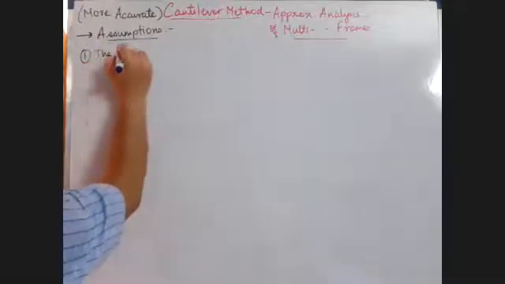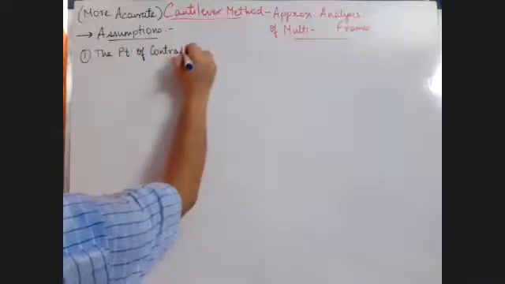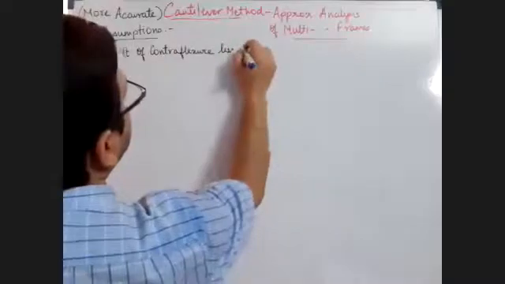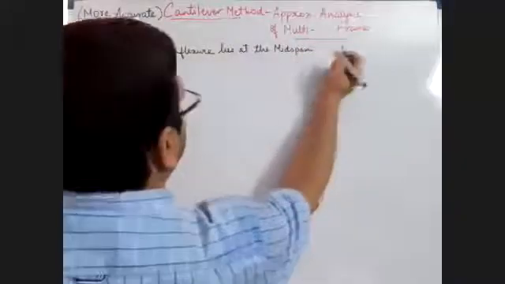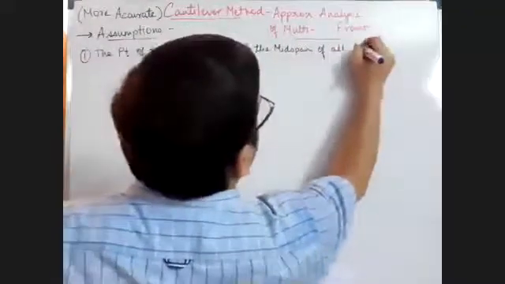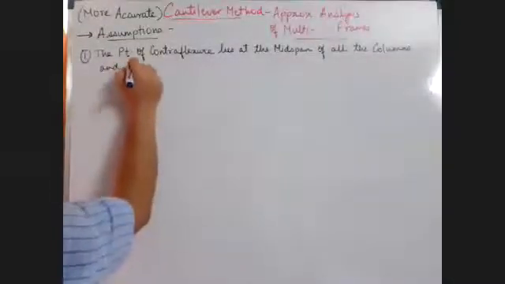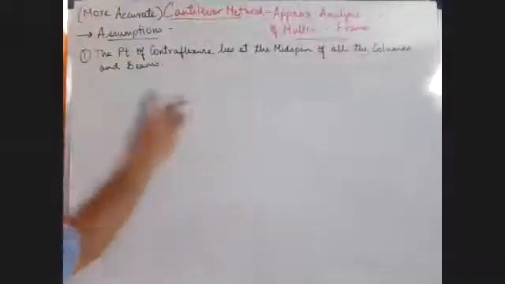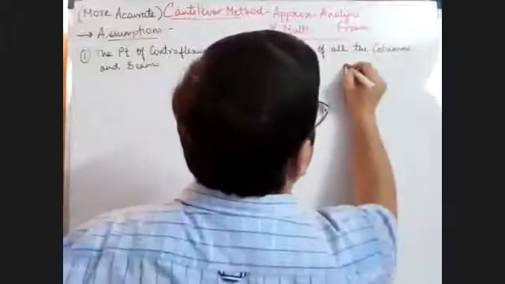That is, the point of contraflexure lies at the midspan of all the columns and beams, just like in portal method.